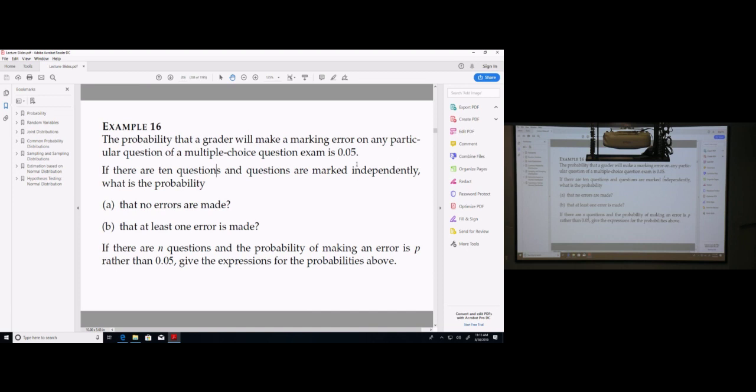All right? You are repeating something in an independent and identical manner. And then each time you will have a certain probability of success. In this case, the success probability is marking it wrongly. It's 5% here. So we are doing it in a very specific manner, but we can reason it out.